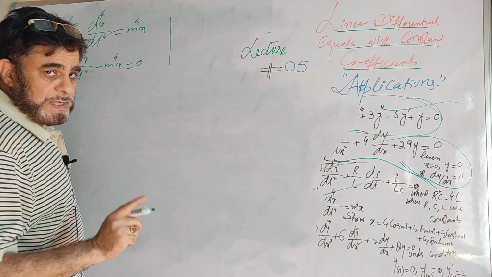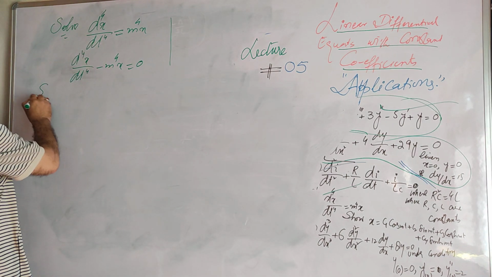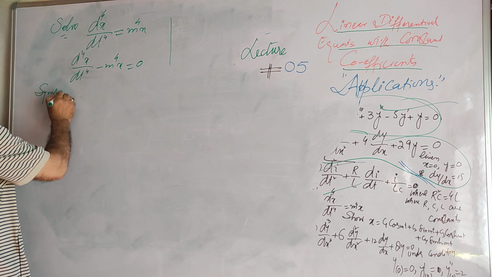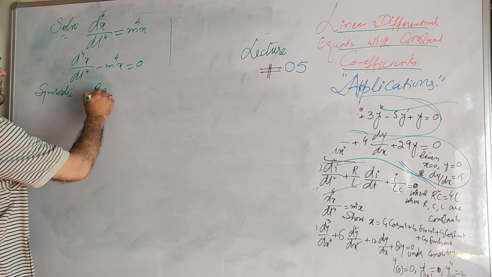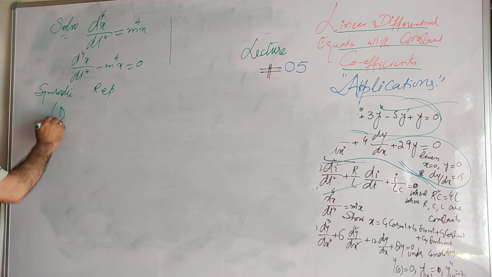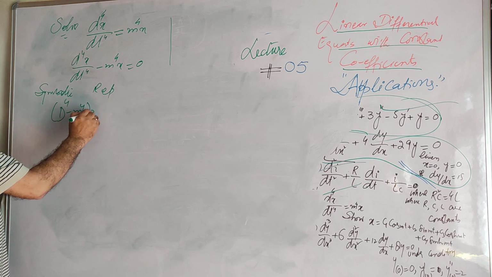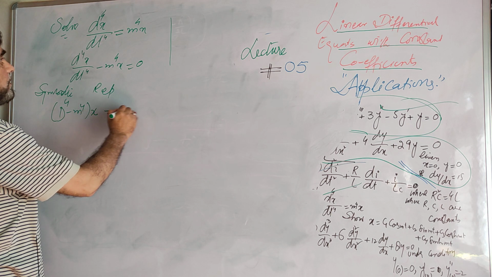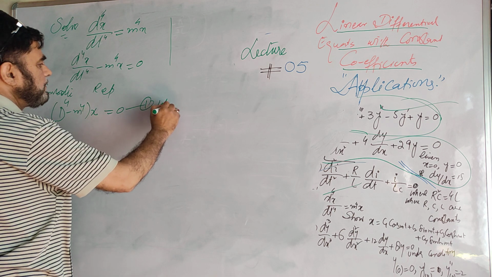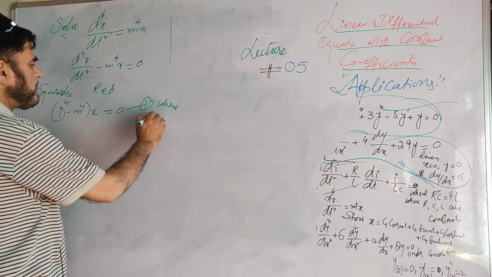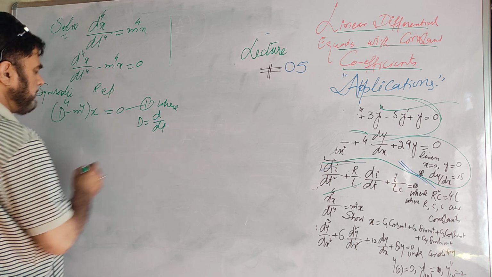Writing this in symbolic representation, you can write it as d4 minus m4 into x is equal to 0, where d is equal to d by dt.